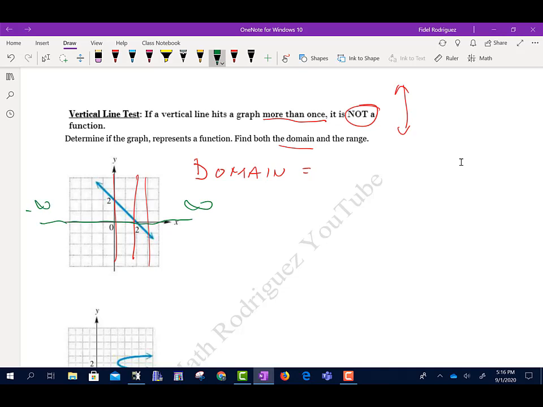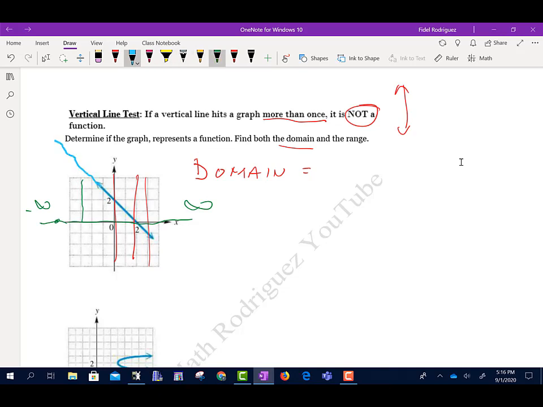So when I'm looking for the domain and I have a picture, the idea is no matter where I would be on my x-axis, whether I was over here or over here, somewhere in the middle, do you agree with me that if I were to go up, at some point I would hit this line, because this line is going forever and ever?